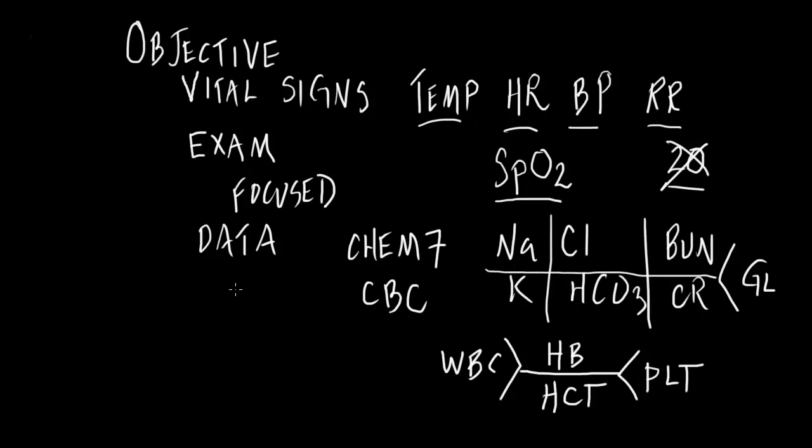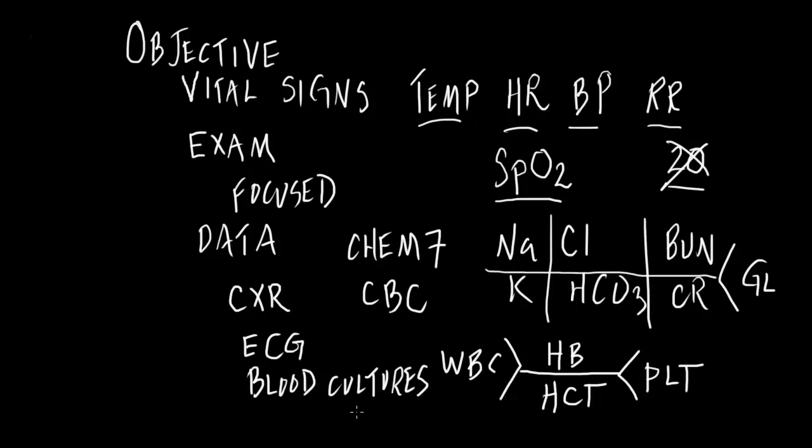Other data that will belong in here is the chest x-ray, which of course you will read yourself, the ECG, blood cultures, any and all other tests that are run, blood tests, etc.